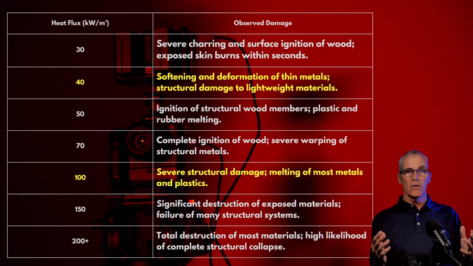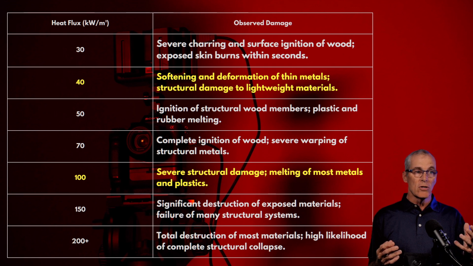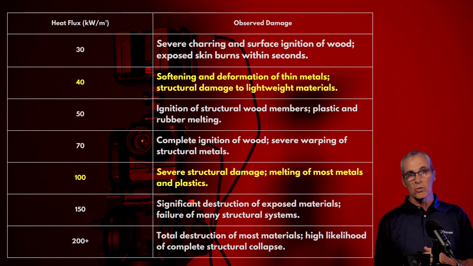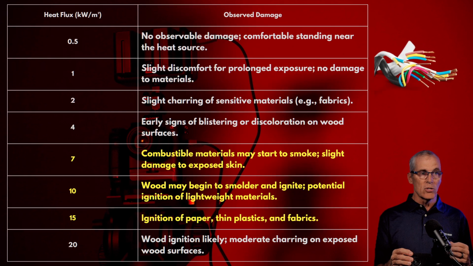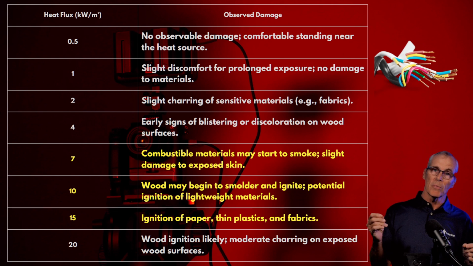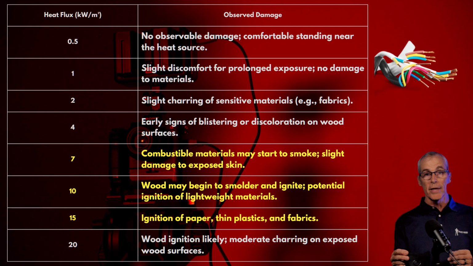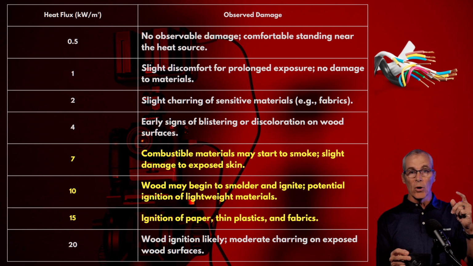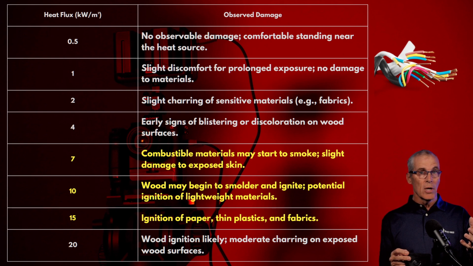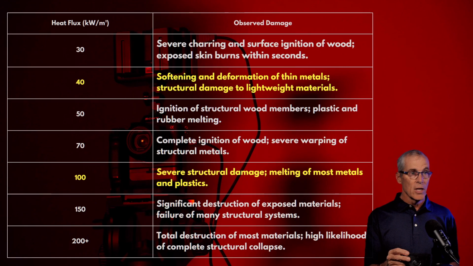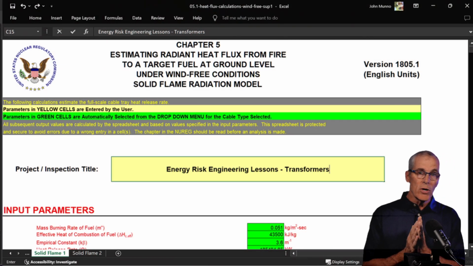We don't have to soften or deform the metal. We don't have to destroy the structural steel. We can simply melt some of the plastic in the control wiring, and we'll fry a transformer. If we have bushings that are full of paper and insulation, and they're ceramic, they can fail very easily. So now we know how much is too much.